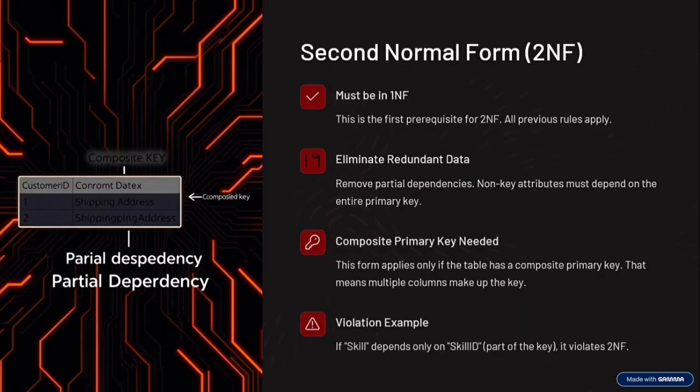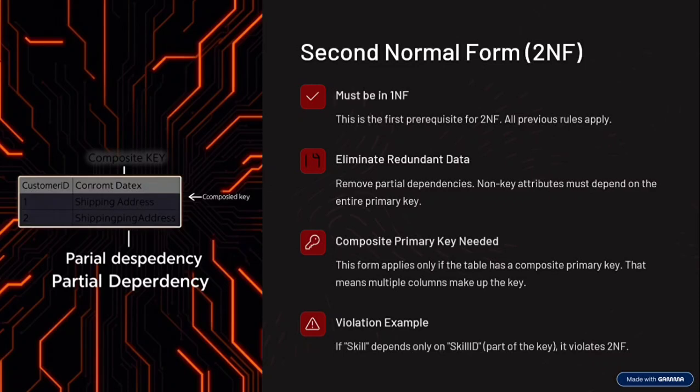To convert any data table into second normal form, the data table must be in 1NF, which is the first prerequisite for 2NF, and all previous rules are applied as the same. Eliminate redundant data and remove partial dependency. Non-key attributes must be dependent on the entire primary key; a composite primary key is needed.